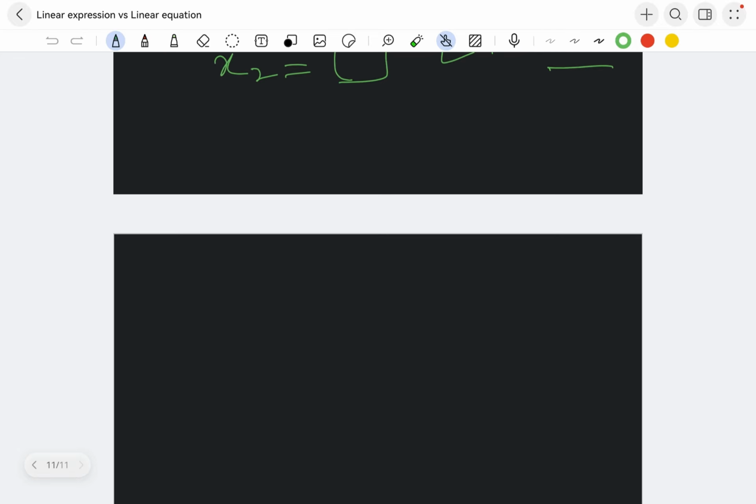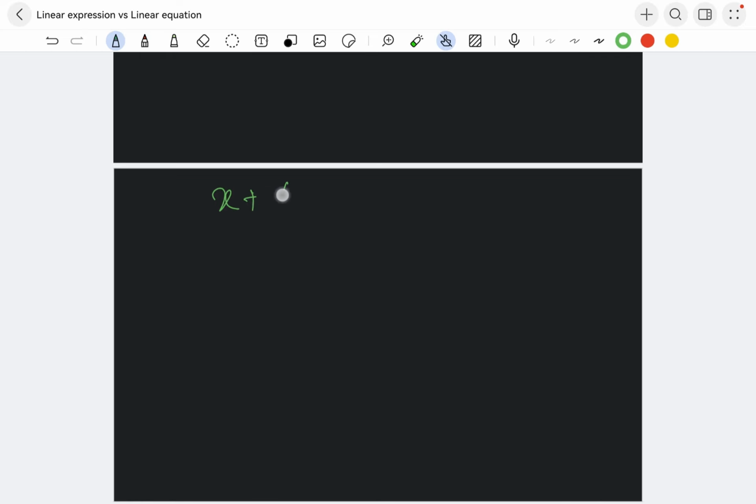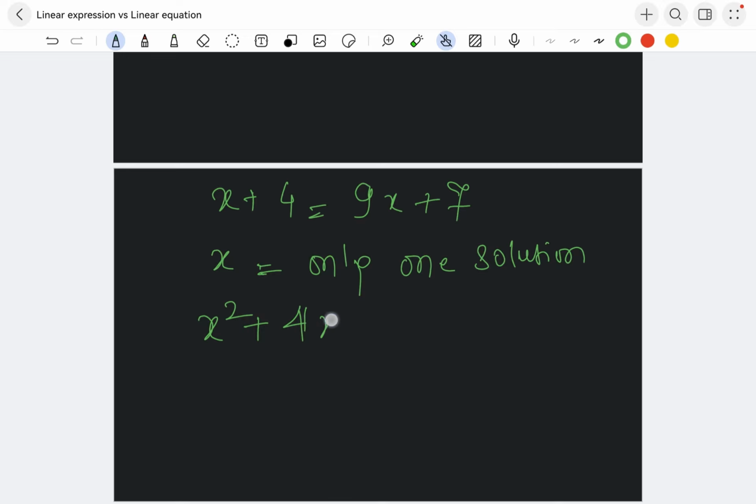Now, if there is 4 plus 9x plus 7, then x will have only one solution. If a quadratic equation is there, then x will have two solutions.